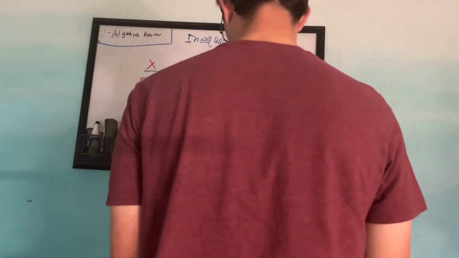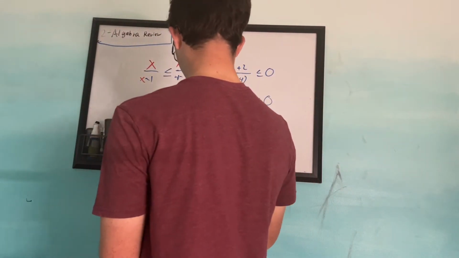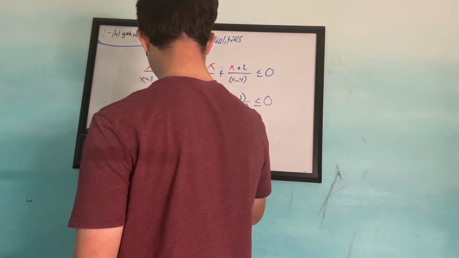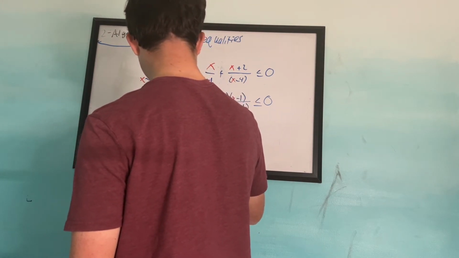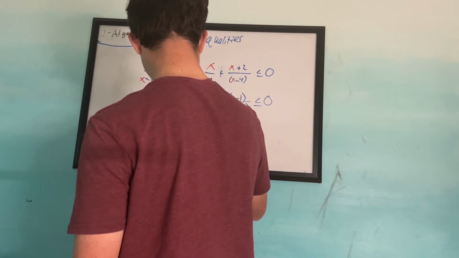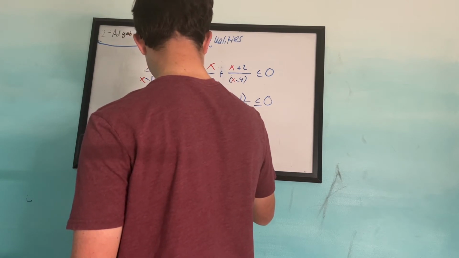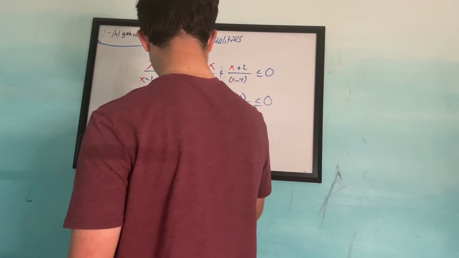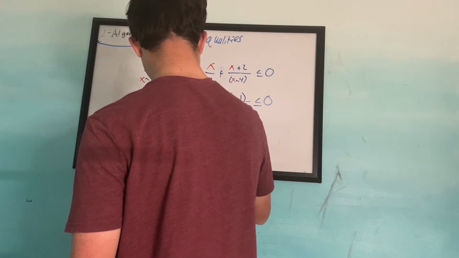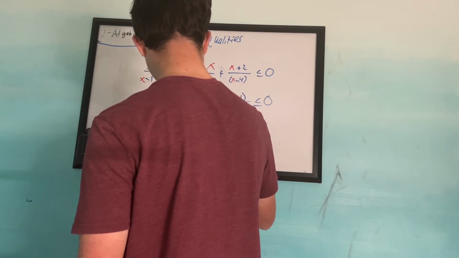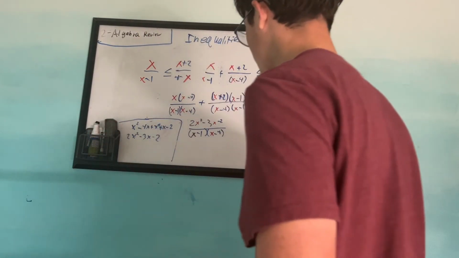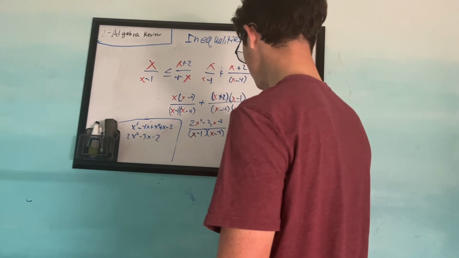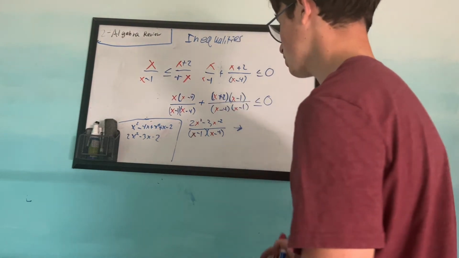Alright, so we got this, and so what we're going to have as our numerator is minus 1 over x minus 4. This numerator also can be factored into 2.